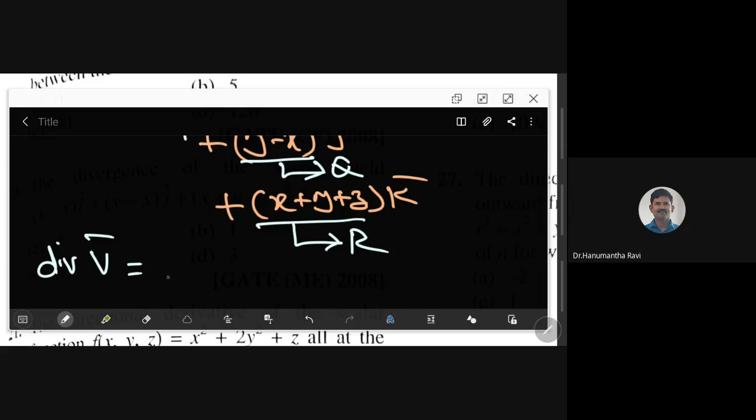Divergence of V bar is Px plus Qy plus Rz.